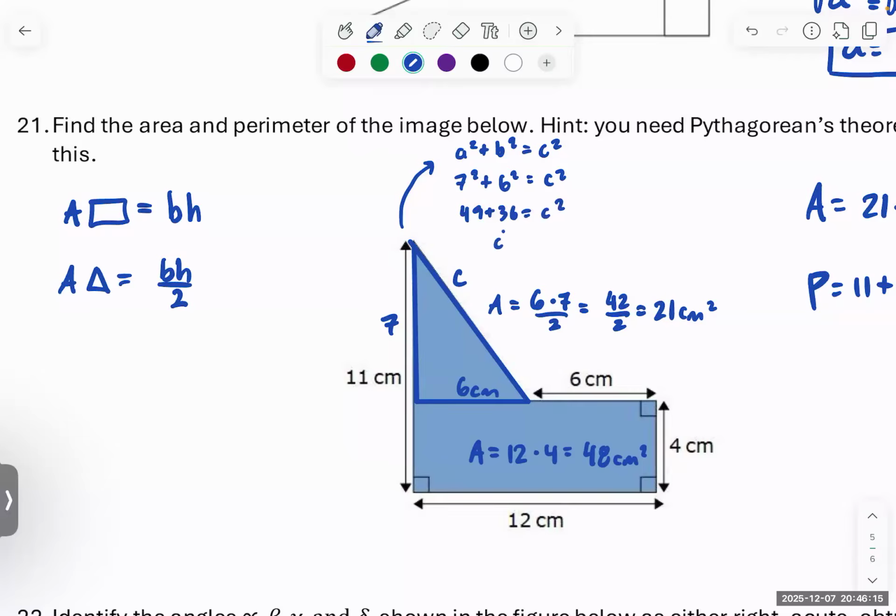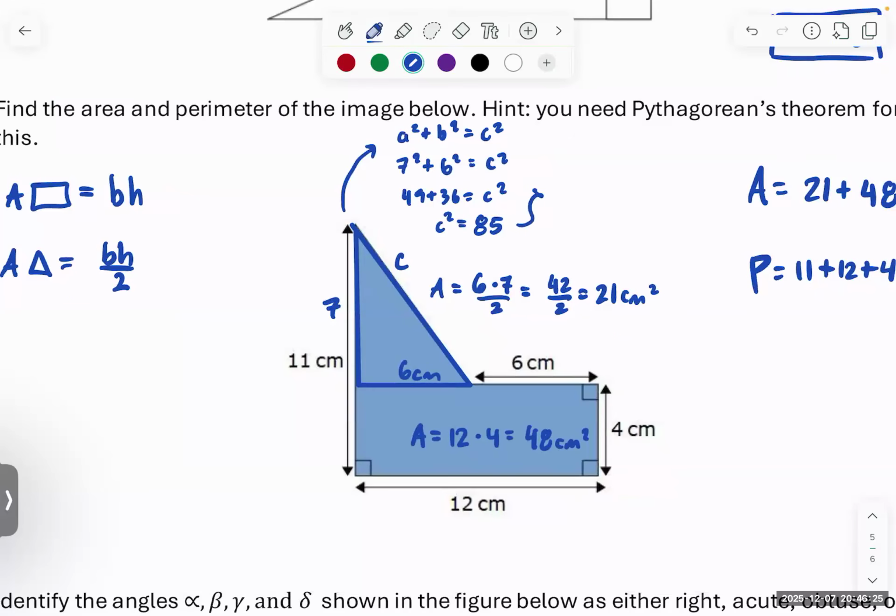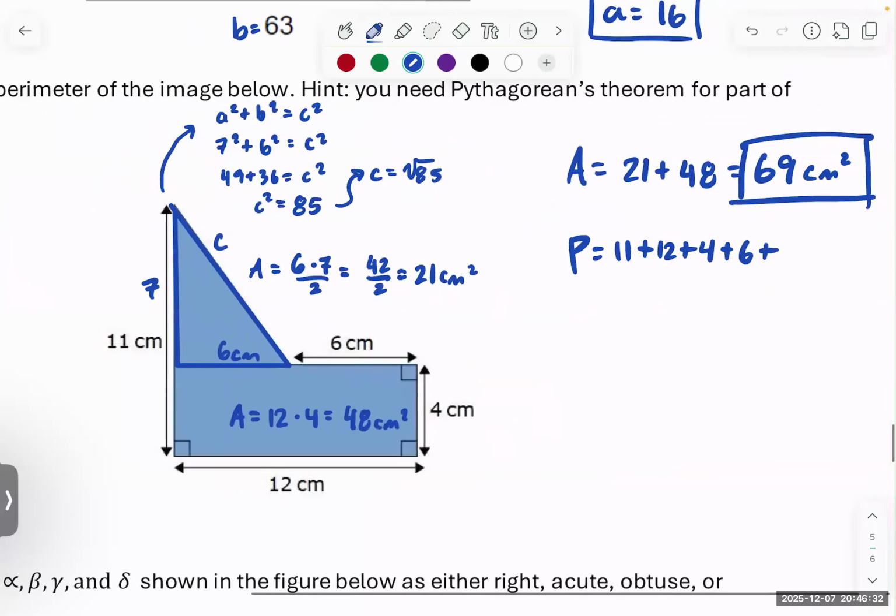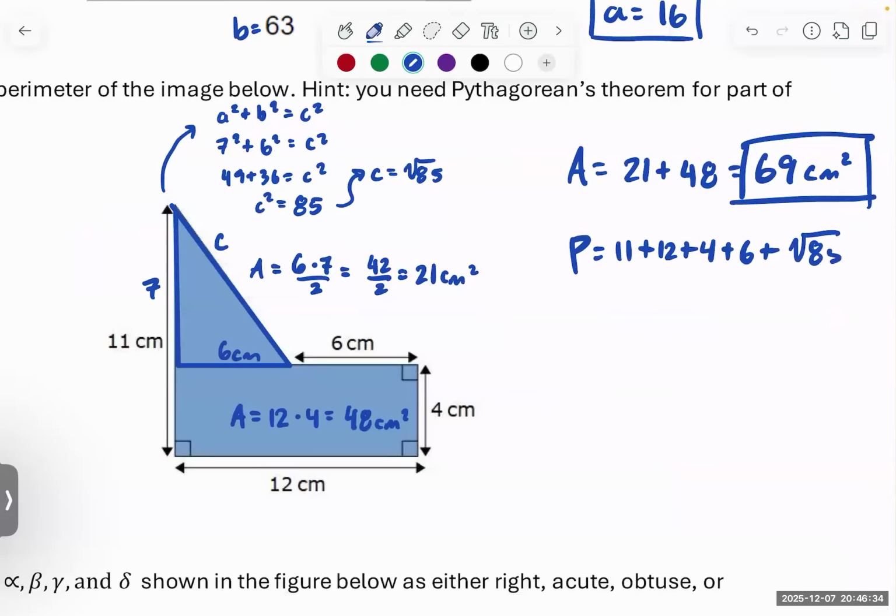So c squared equals 85. So square root both sides, you get c equals the square root of 85. So you have to add that side as well.